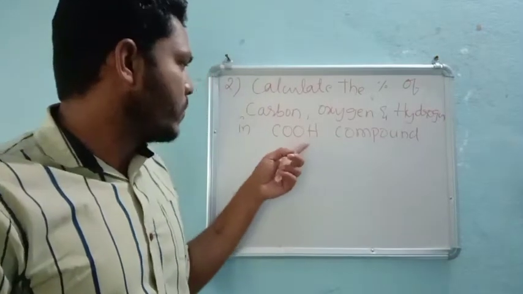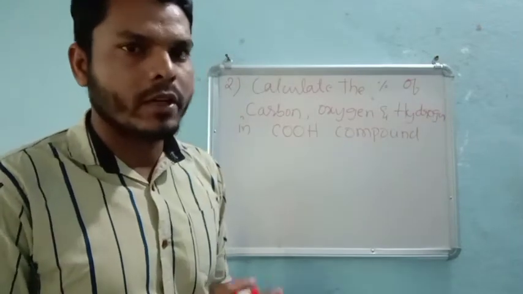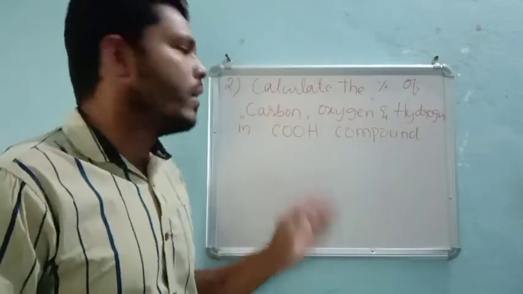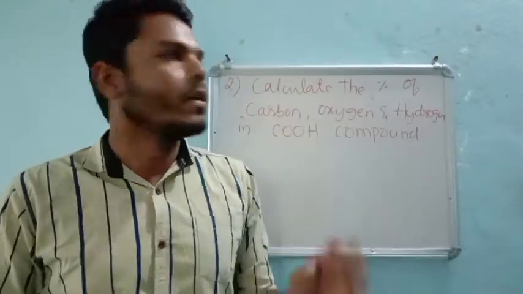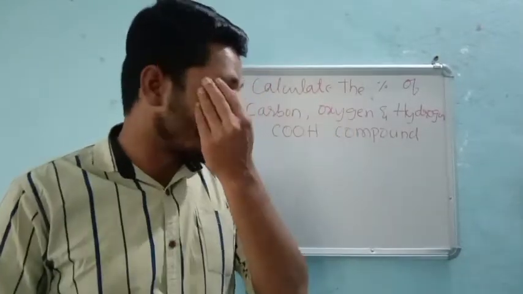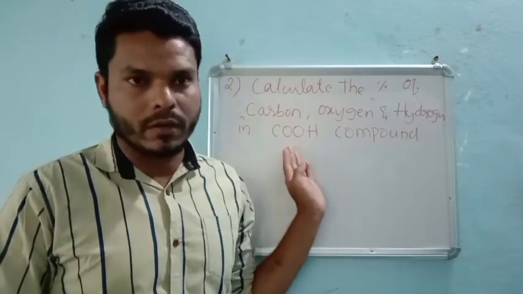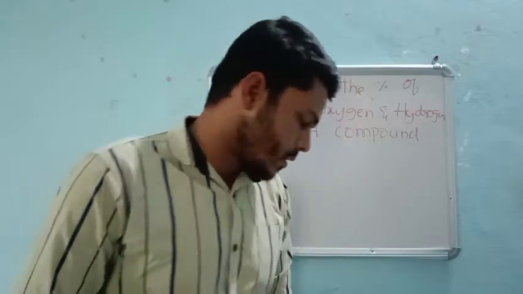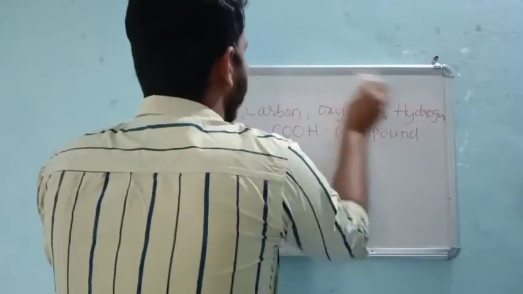So first you need to calculate the total mass of the compound, then you can very easily calculate the percentage of each element present in the given compound, right? So with this, we will move towards the very important part again.